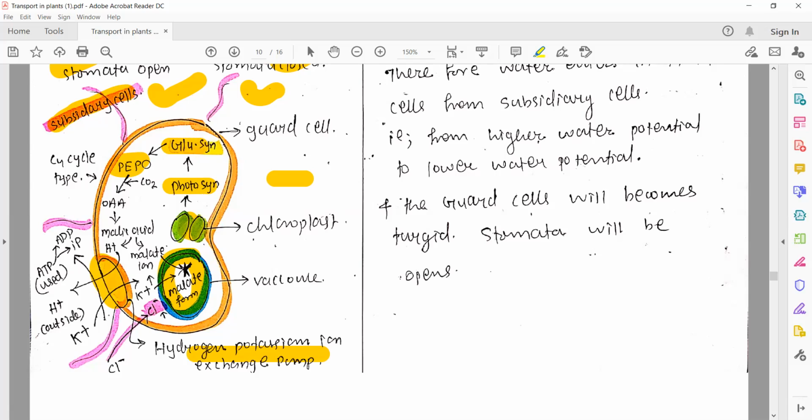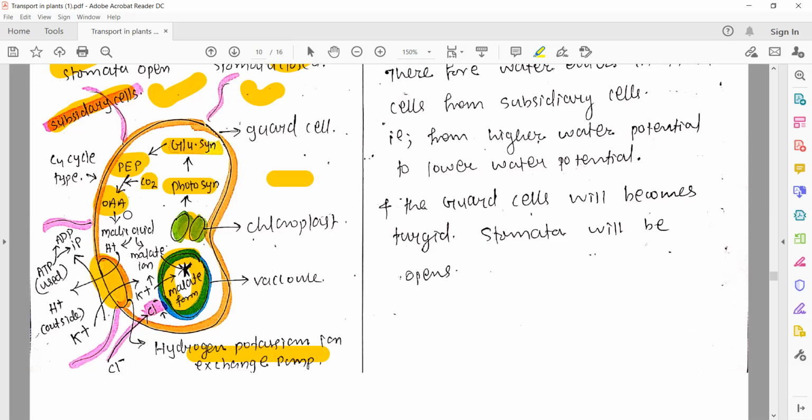You studied that when PEP comes in contact with carbon dioxide, PEP itself is a 3 carbon compound and carbon dioxide is a 1 carbon compound. Both are fused together to form a 4 carbon compound called oxaloacetic acid. The same thing was explained in the C4 cycle, in presence of an enzyme called phosphoenol pyruvate carboxylase. Remember the procedure. Just go through the respiration part also, and you will understand the C4 cycle very clearly.